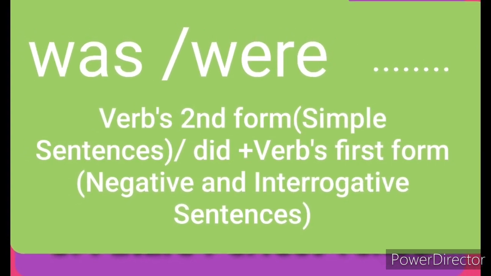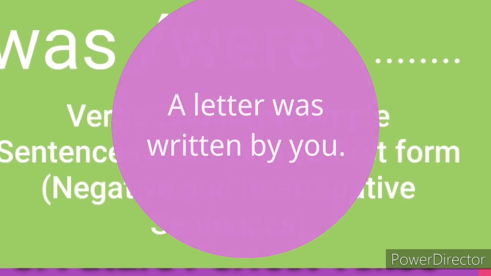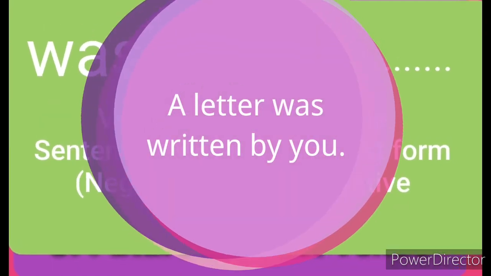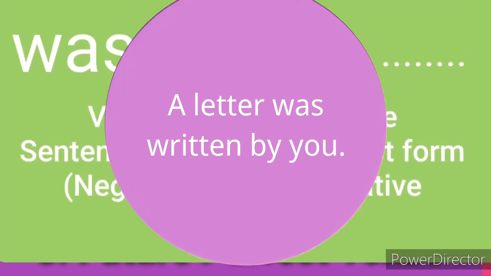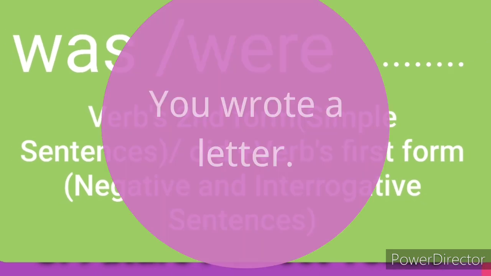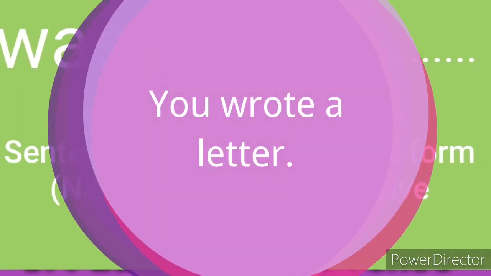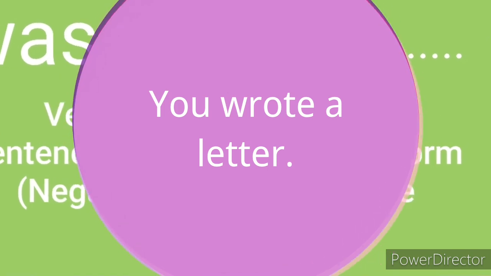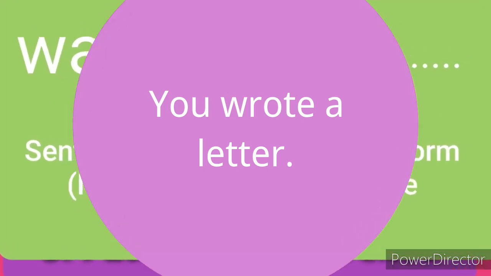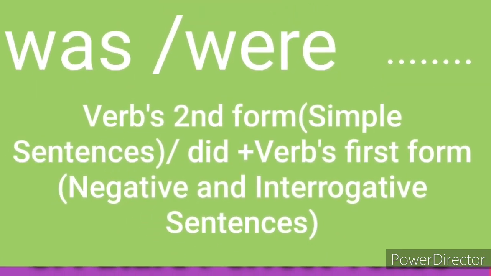And if there is was, were in the sentence, like "a letter was written by you," or "letters were written by you," what will be the answer? The answer will be "you wrote a letter." It means the verb's second form in a positive sentence, and did plus verb first form, or did plus question word with first form.